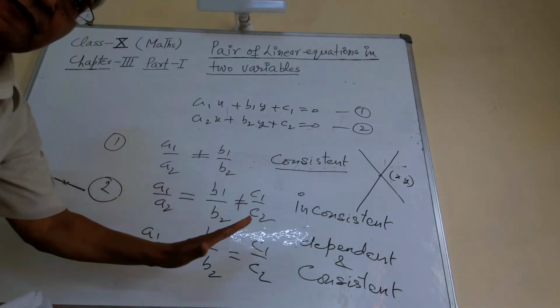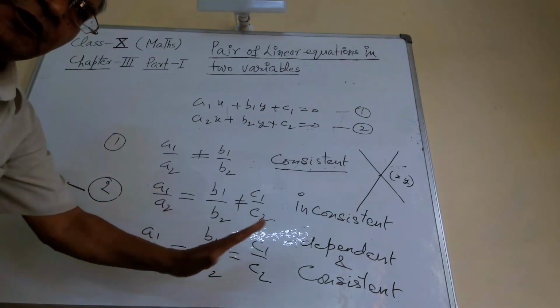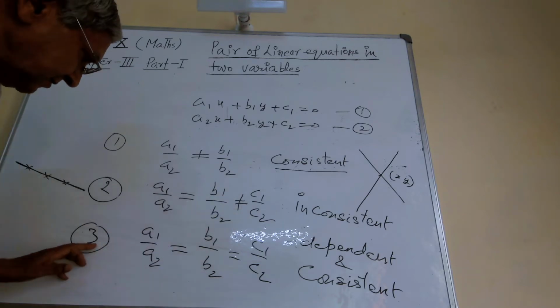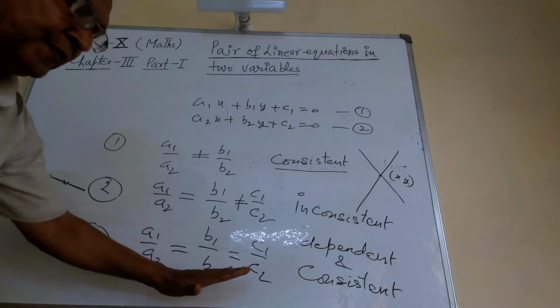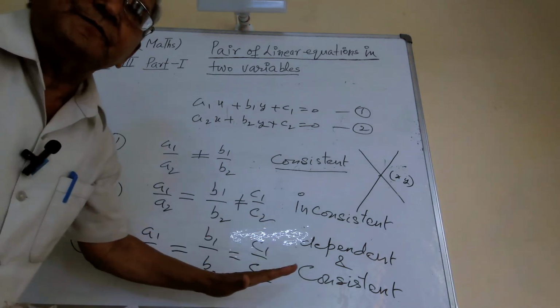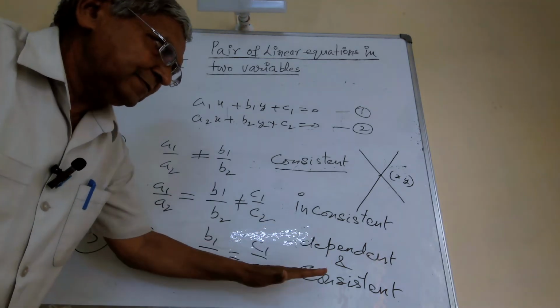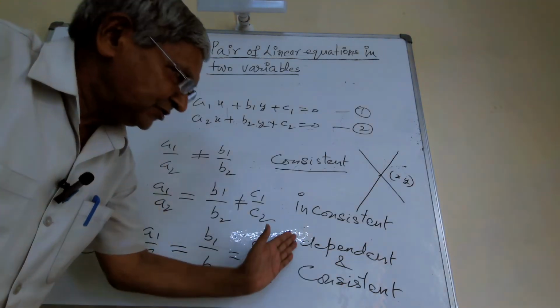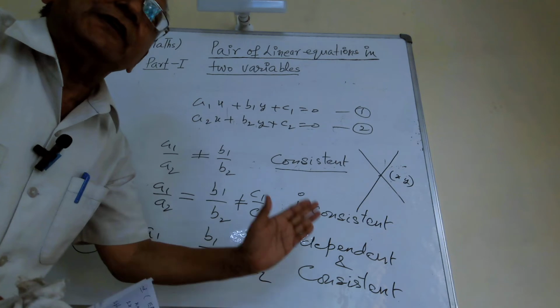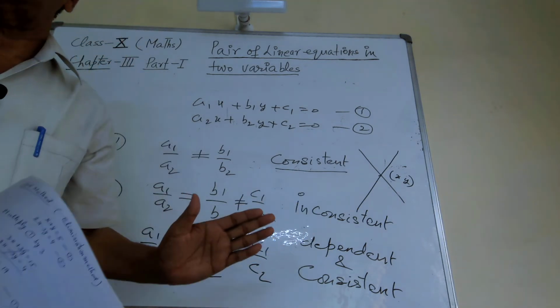There is no solution, and no need to try. In the third condition, all the ratios are equal, which means the equations are consistent and dependent, and you will get one line on the graph.